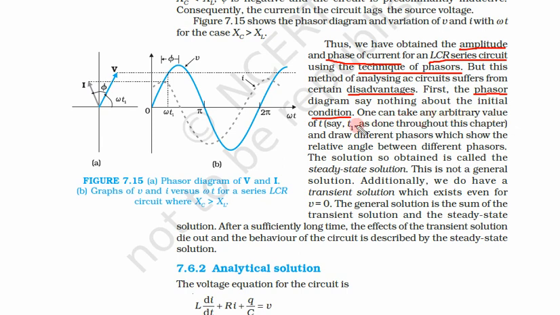One can take any arbitrary value of t, that means we can start at any time t, as done throughout this chapter, and draw different phasors which show the relative angle between them. With this value of t changed, we can get different phasors and different angles between phasors.